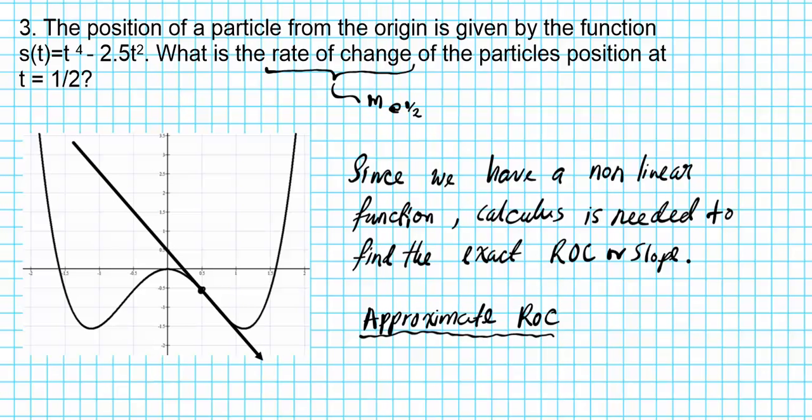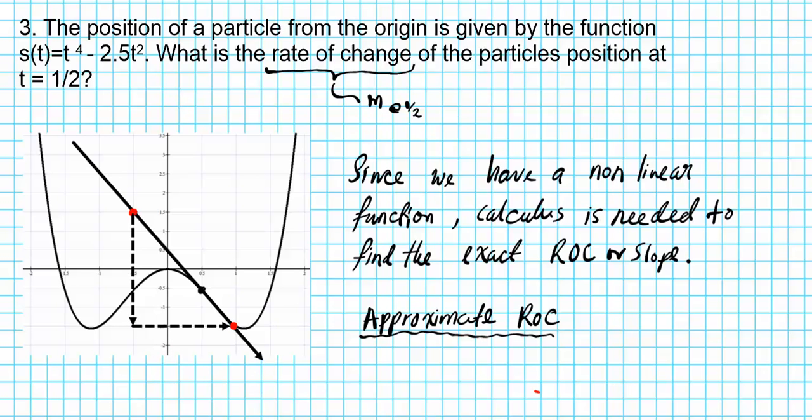Okay, so these are the points I'm looking at. This point right here and this point right here. So I'm just going to use rise over run since it's faster. If you want to do y2 minus y1 over x2 minus x1, you get the same answer. So there goes my rise. I have a negative rise, and there goes my run.